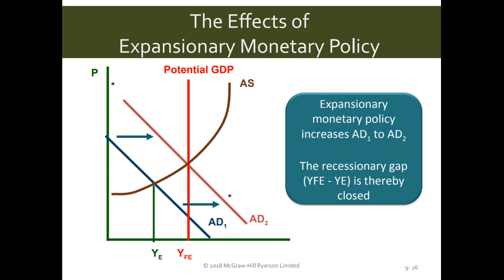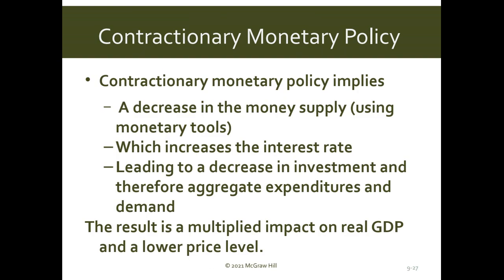I don't have to go through the contractionary monetary policy, it is exactly the same but in the opposite direction. When the Bank of Canada decreases the supply of money, the interest rate will increase, investment will decrease, the aggregate demand curve shifts to the left, the aggregate expenditures curve should shift downward, and the problem is solved.